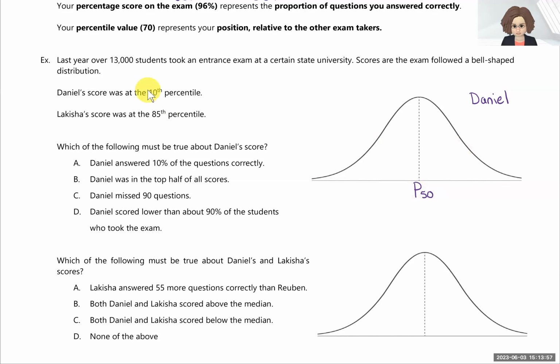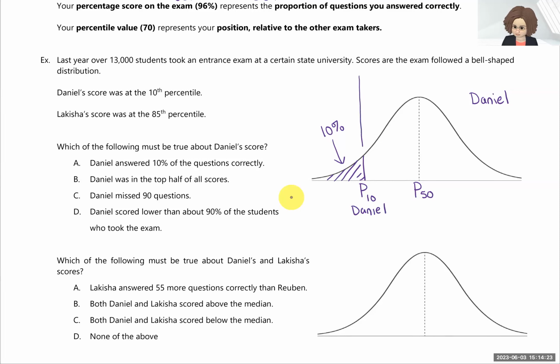Daniel here was at the 10th percentile, so 10 is less than 50, so Daniel is over here somewhere, P10. And 10th percentile tells me that 10% of scores were lower than Daniel.